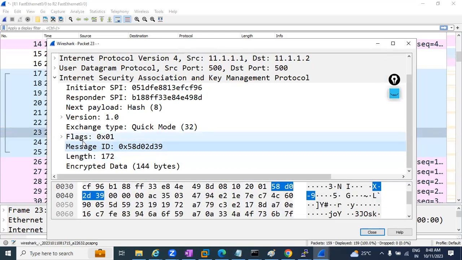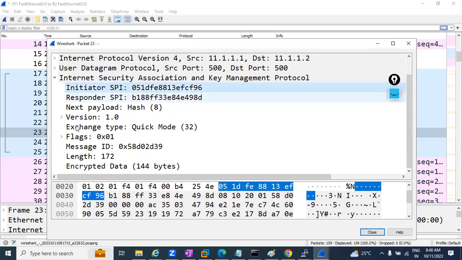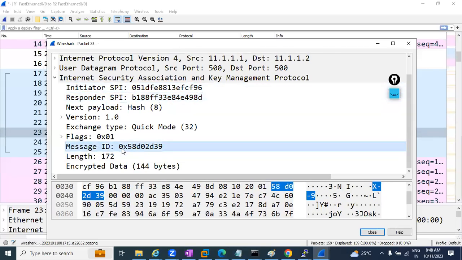There are some internal algorithms they would use, and with the help of this they would calculate the message ID. So message ID is not exactly the SPI, but kind of, because earlier we discussed SPIs. So message ID would be valid for phase 2, and it would always be activated during phase 2, not during phase 1.